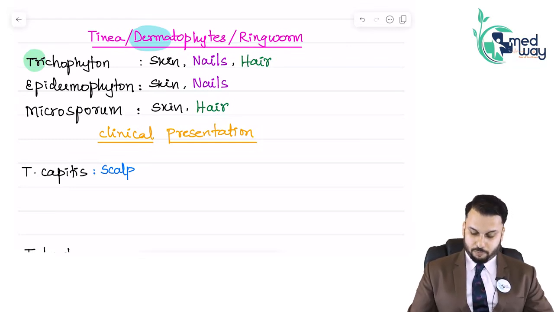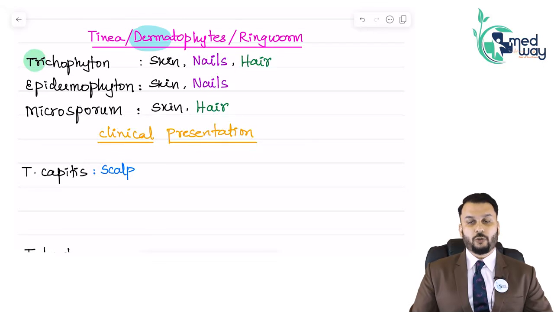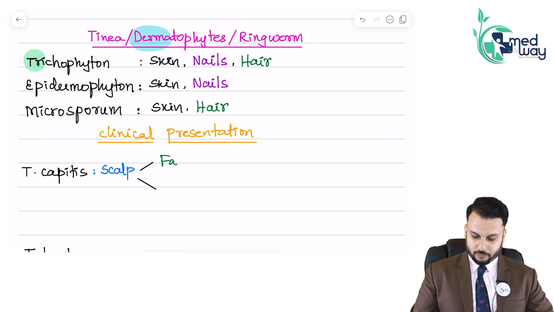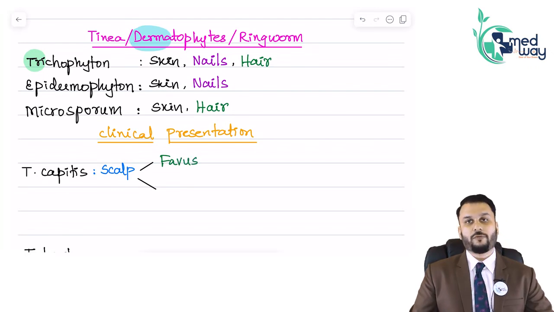This is broadly divided into two types. So what are the two types? Let's have a look here. One of them happens to be known by the name of favus. Okay, it's called favus. This is the first thing.